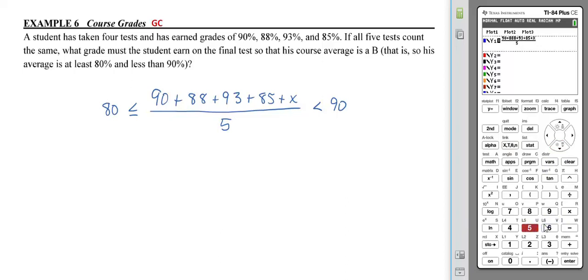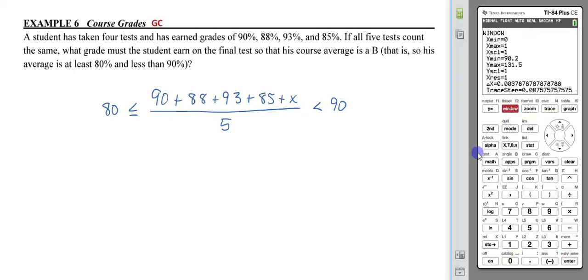Again, double check and make sure. It looks like I have an extra 8 up there. I'm going to take that out. And then I have an 80 and a 90. There we go.